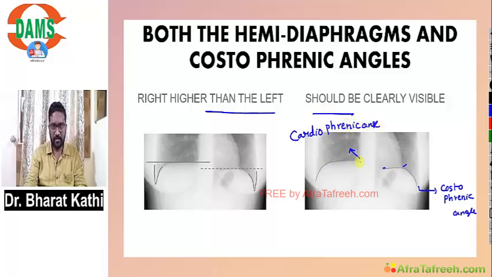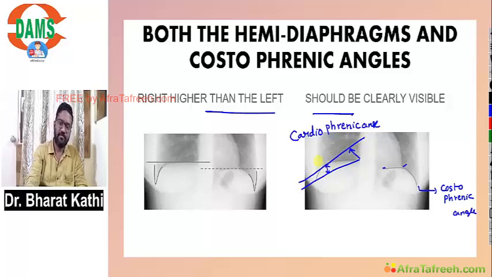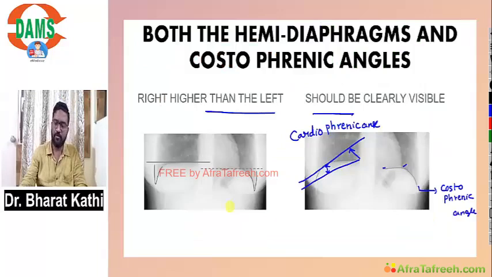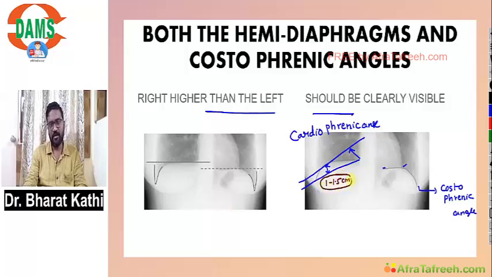So what you need to do is join these two angles and draw a perpendicular to the curvature of the diaphragm. This should usually be 1 to 1.5 centimeter. If it is less than 1 to 1.5 centimeter, it means it is not a curved diaphragm.